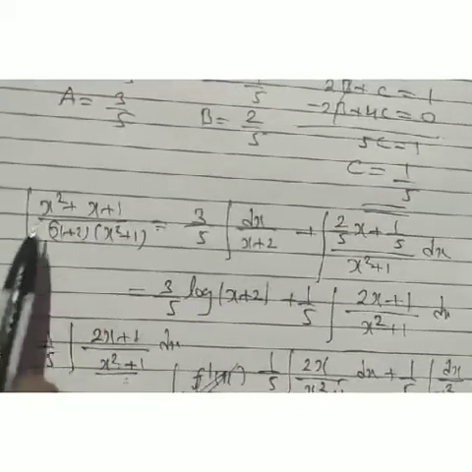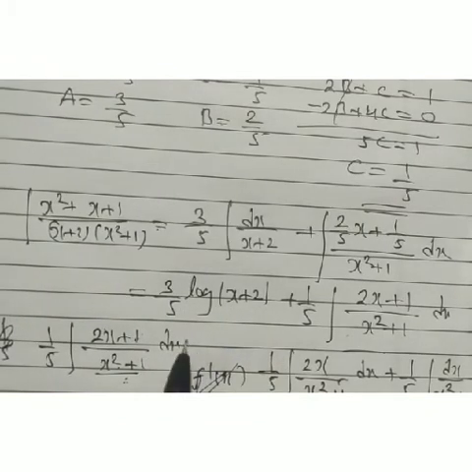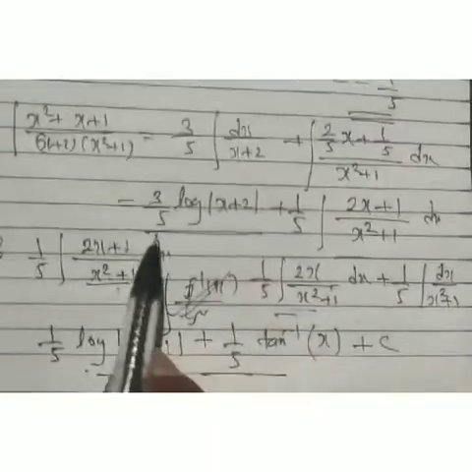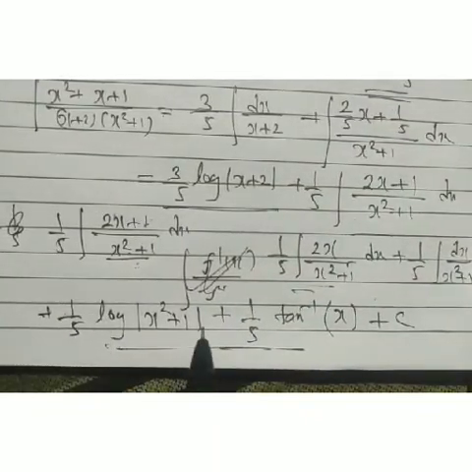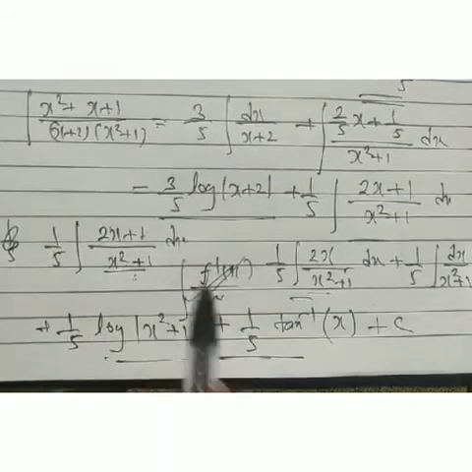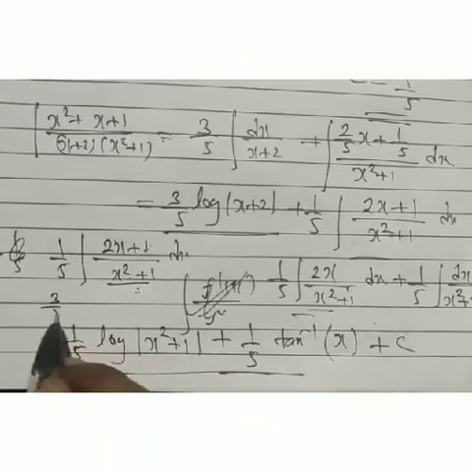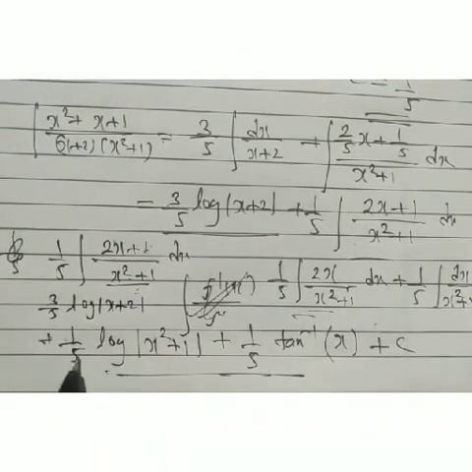The integration of (x square plus x plus 1) over (x plus 2)(x square plus 1) is given by 3 by 5 log absolute of x plus 2, plus 1 by 5 log of x square plus 1, plus 1 by 5 tan inverse x plus c.